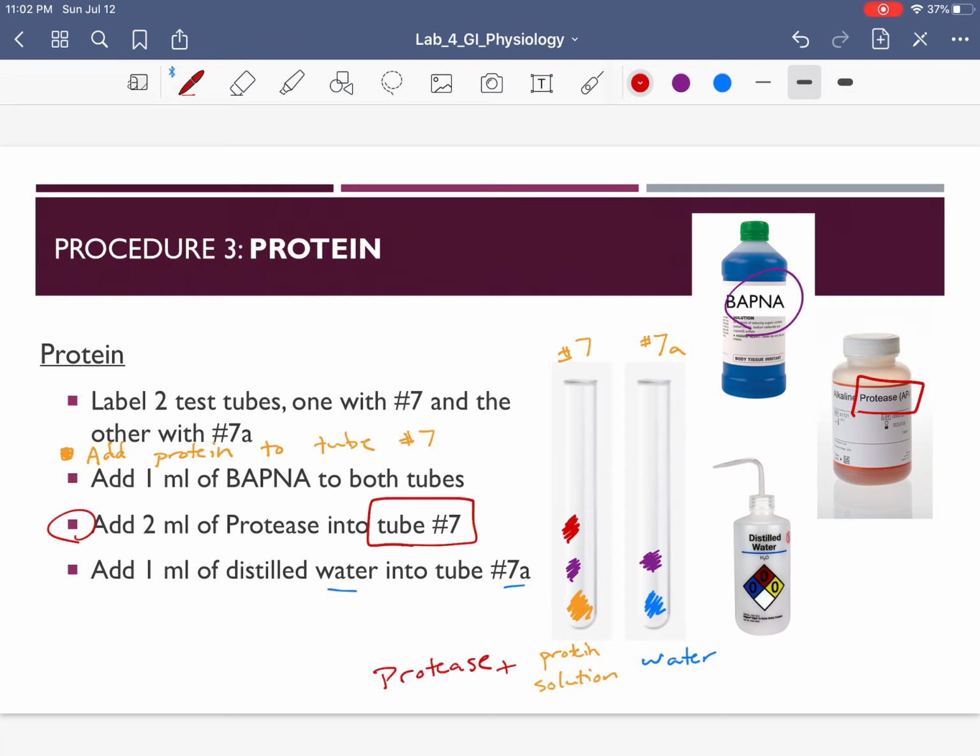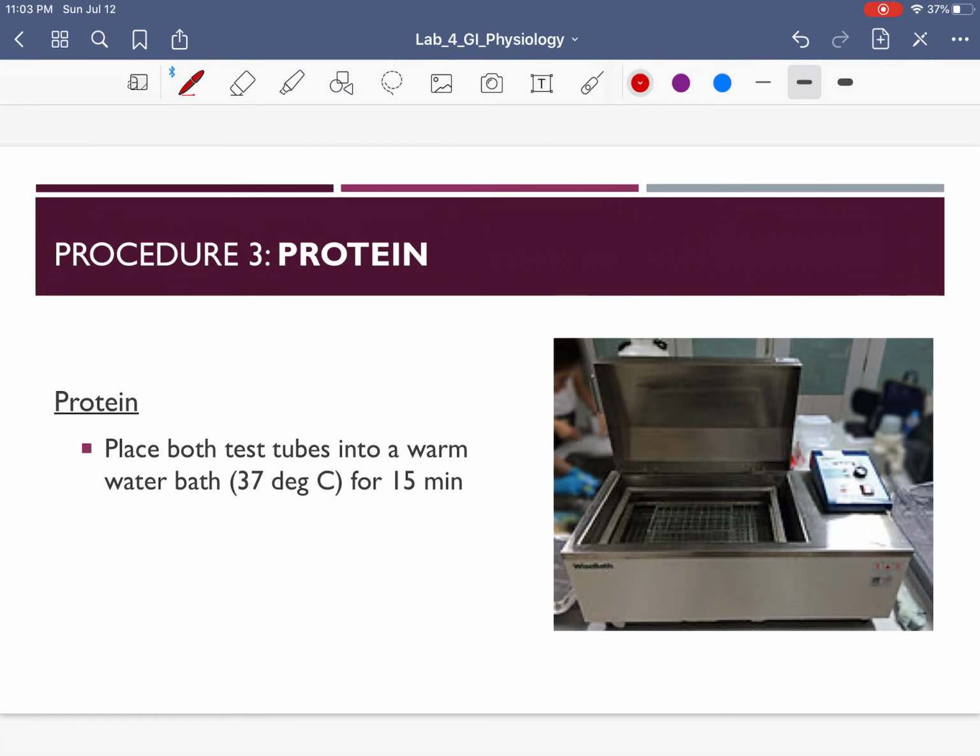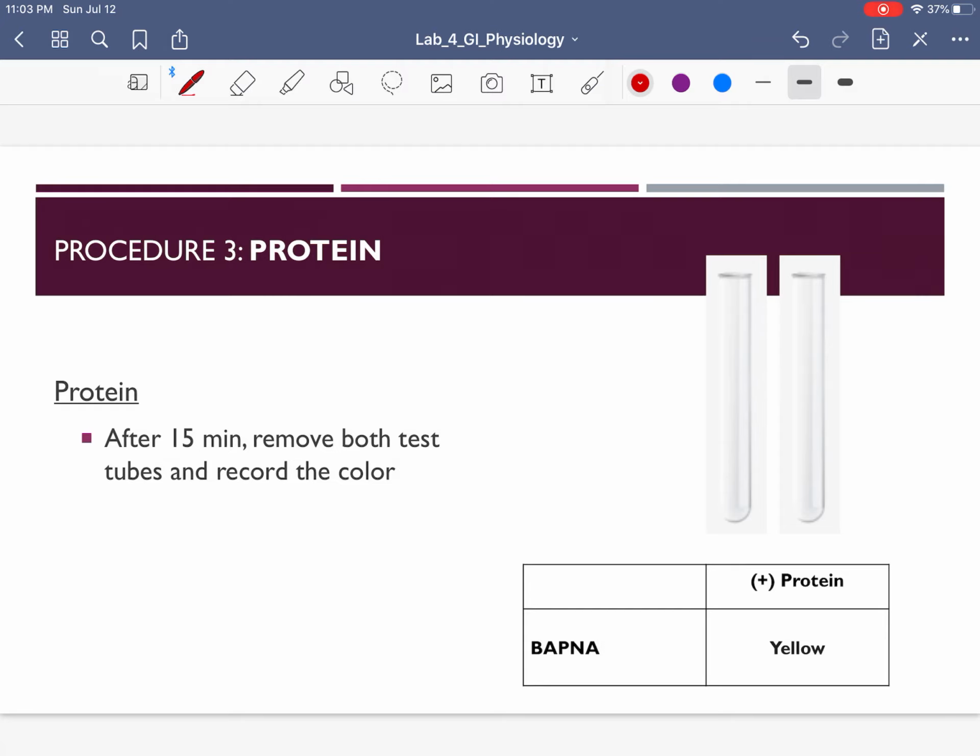So we can have an idea of which one we're going to be looking for a change. We can have an idea about which one we're going to be looking for amino acids in. Okay, we're going to put both of them into a warm water bath, of course, around 37 degrees Celsius because it approximates our core body temperature. And then we pull them out. Let's review.